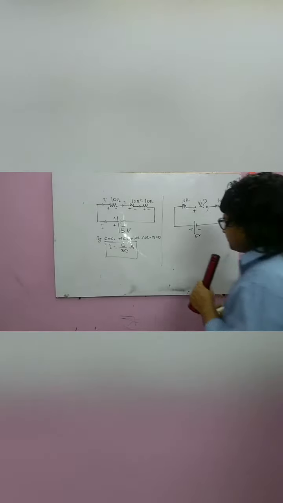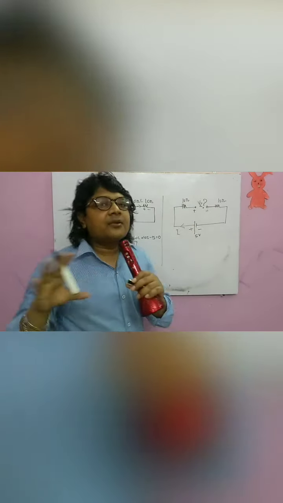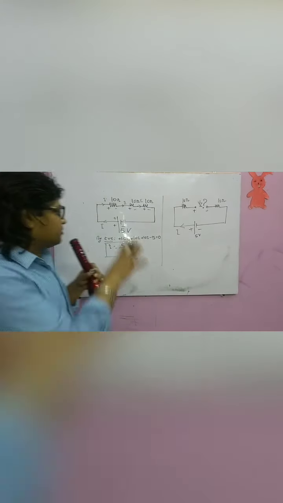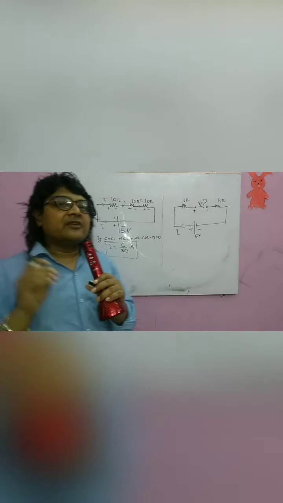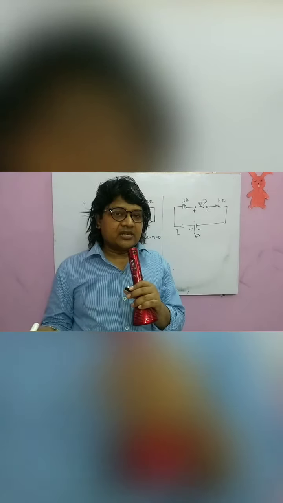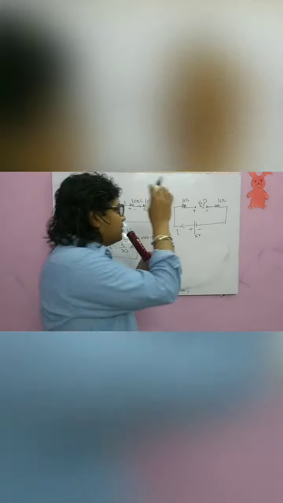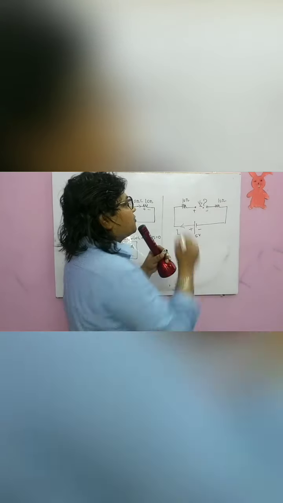Fine. Now use KVL, because a number of solutions are possible here, but because you have gone through KVL and KCL in this chapter, Kirchhoff's voltage law and Kirchhoff's current law, I use the same concept to find the voltage here, this Vx.